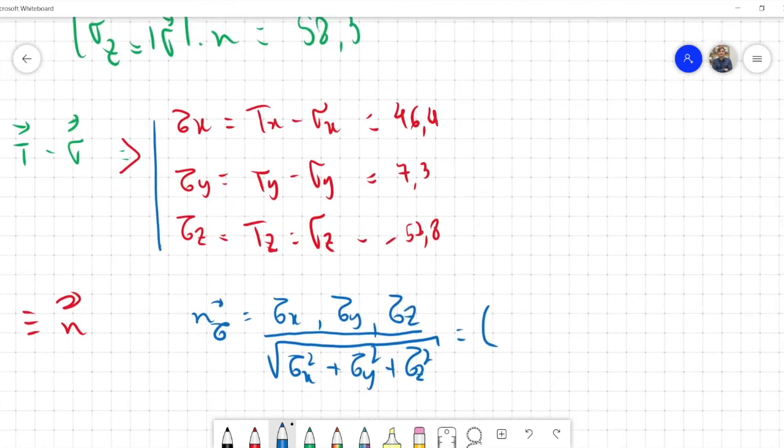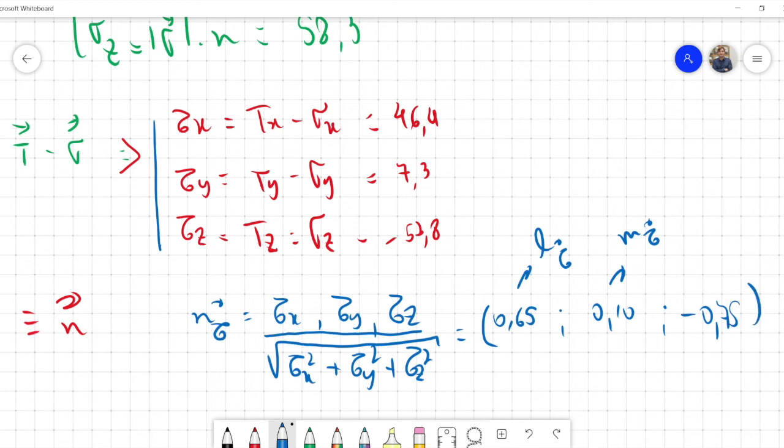Once again, you can make the calculations by yourself, and in the end it will result, this will be the L tau, the second one will be the M tau, the third one the N tau. Okay, so this solves the second question.